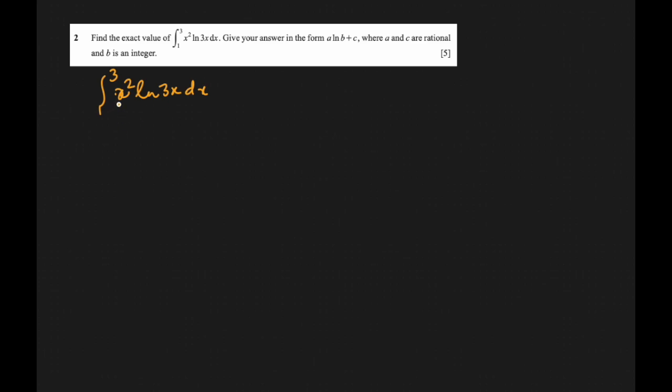Since it's a combination of an algebraic and a logarithmic part, we will follow this sequence where we have these two, logarithmic and algebraic. Whichever comes first is taken as the u, and the algebraic part will be taken as v prime.